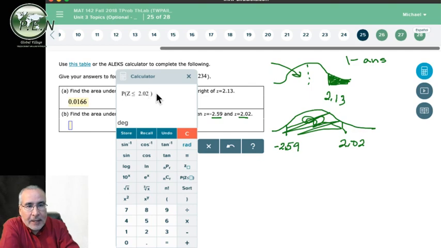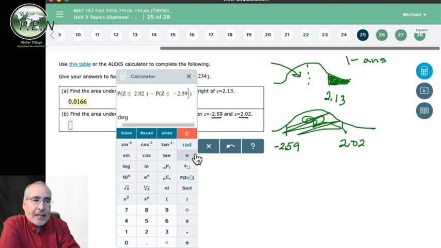And then before I calculate it, I'm actually just going to subtract off the area. So this is a probability, remember, negative 2.59. That's what's nice about using the calculator. And when I do this, it will give me the answer that I need.